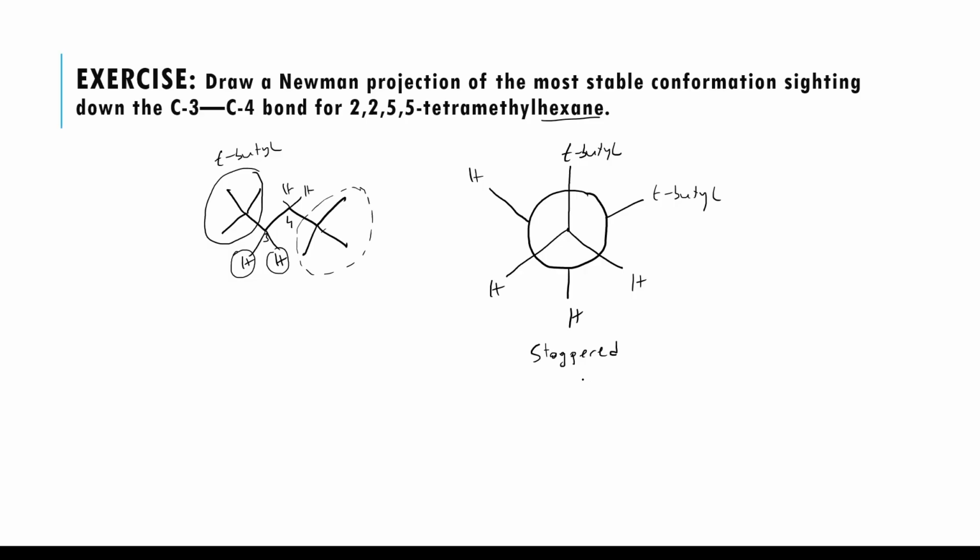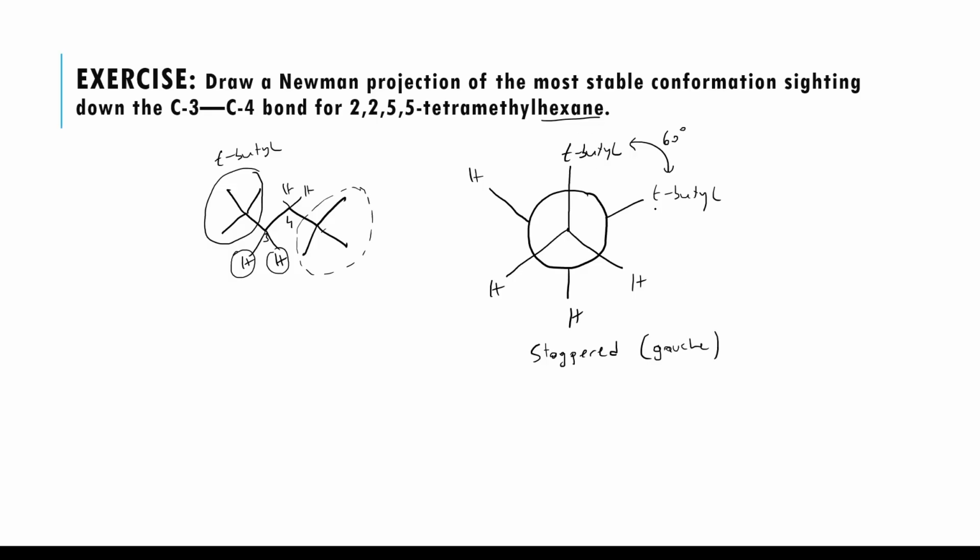Okay, let's look at here. Do we have any strain? Yes, we have here t-butyl, t-butyl. They are next to each other. There's a 60-degree dihedral angle, and this is a special type of staggered conformer. We call it gauche conformer.